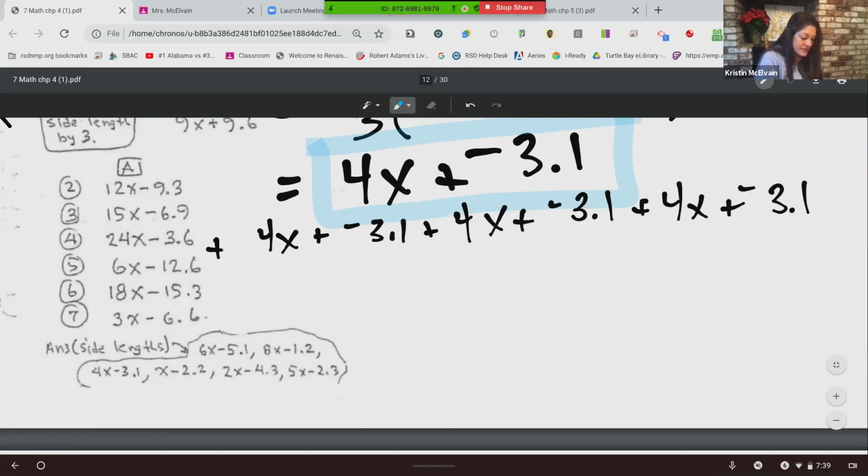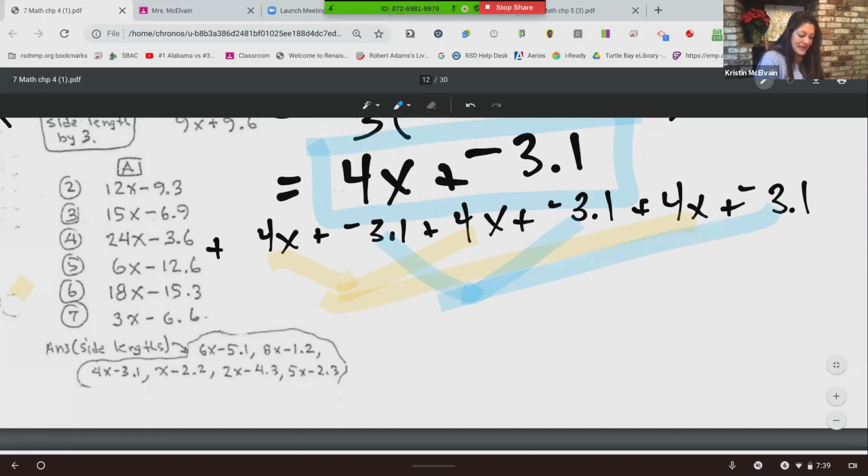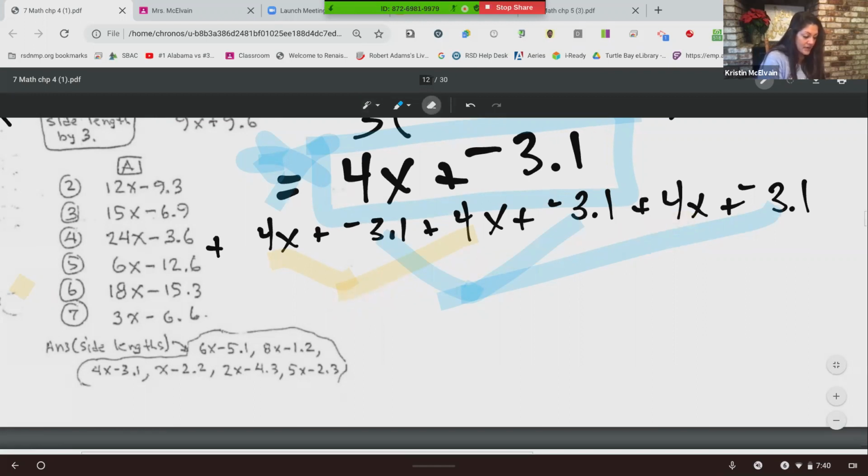Then we're going to combine like terms, which is all of the x's, and then all of our integers, and it should give us the same thing. That just shows us how we are putting it together. It goes up to the 12 because there's 3 of them. It gives us our original, which is 12x plus negative 9.3.